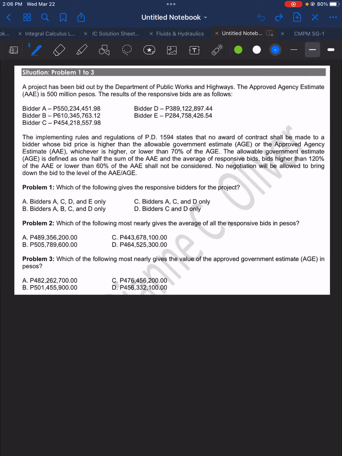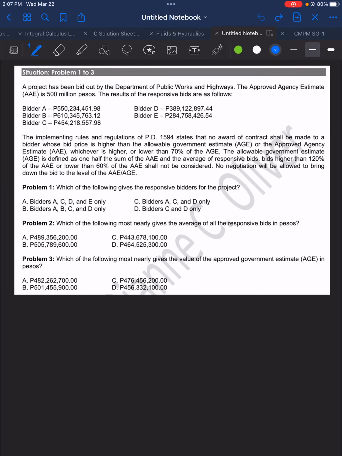Bids higher than 120% of the AAE or lower than 60% of the AAE shall not be considered. No negotiation will be allowed to bring down to the bid level of the AAE or AGE. So again, the definition for AGE has been mentioned here. For problem number 1, which of the following gives the responsive bidders for the project?